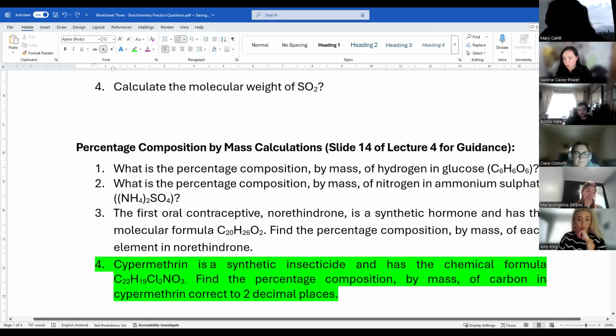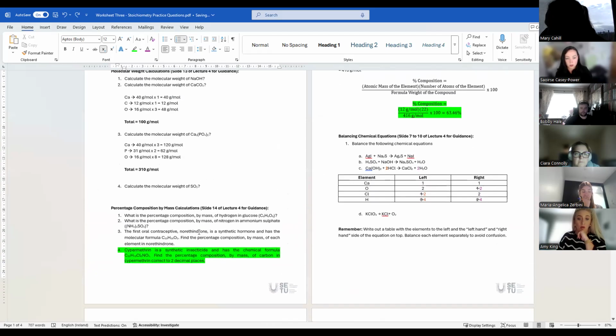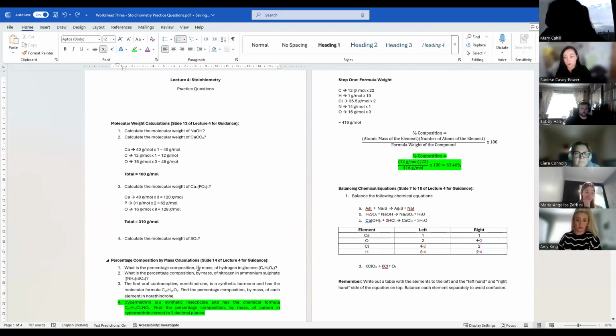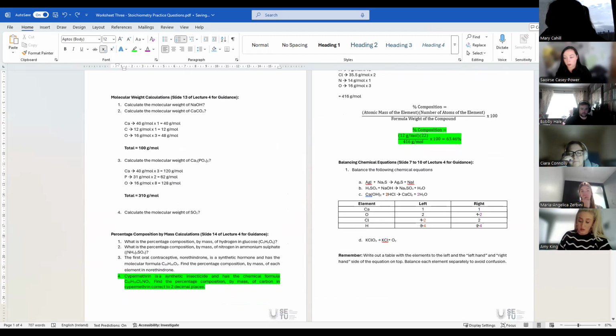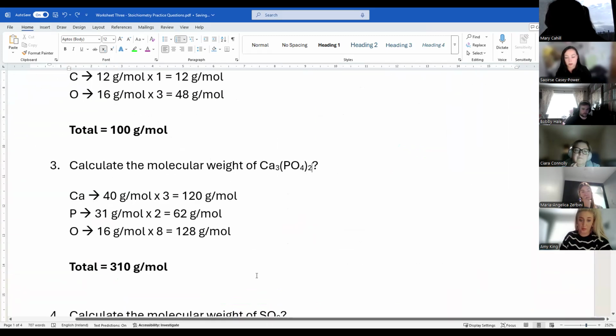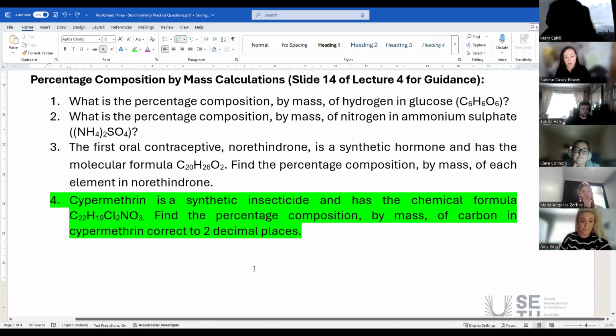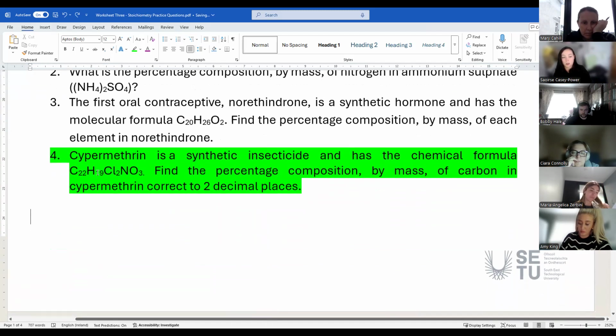Perfect, guys. So what I'll do is I'll move on then to our percentage composition. I've done one example, but I'll talk through this one here. This is part 4 of that. Cypermethrin is a synthetic insecticide and has the chemical formula as we can see here. This question asks us to find the percentage composition by mass of just carbon.